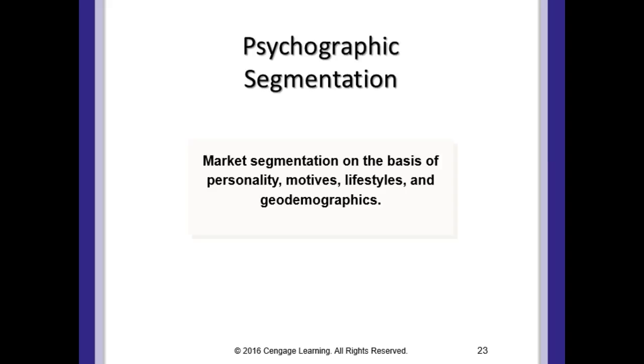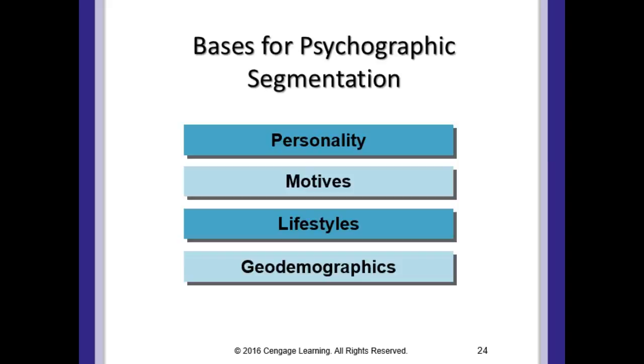All right, psychographic. As you can see here, this is a good definition: personality, motives, lifestyles, and geodemographics. This is where there are some bases for psychographic segmentation, which is on the next slide, which will explain this a little bit more.